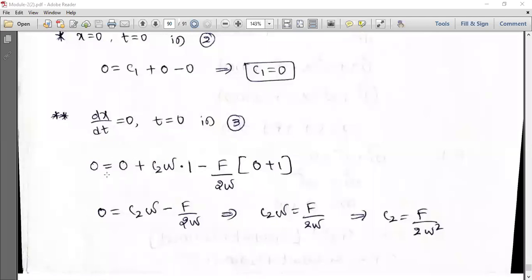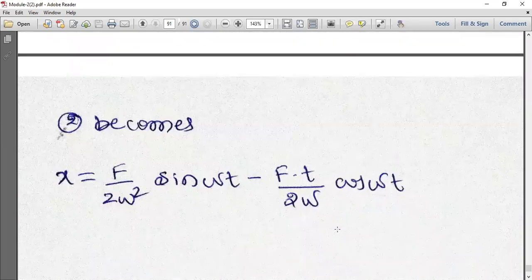So because of this, the term reduces to 0 and dx by dt is equal to 0. When you substitute everything, I am getting only this term and this term. So C2 omega minus F divided by 2 omega. This F divided by 2 omega I'll shift to this side. So C2 omega is equal to F divided by 2 omega. C2 is equal to F divided by 2 omega into omega square.